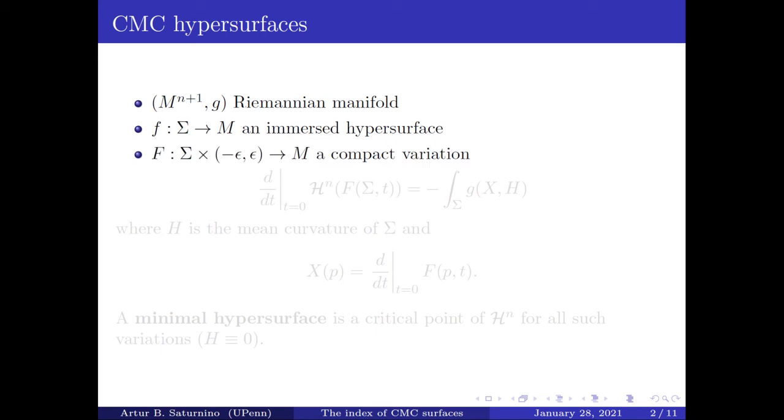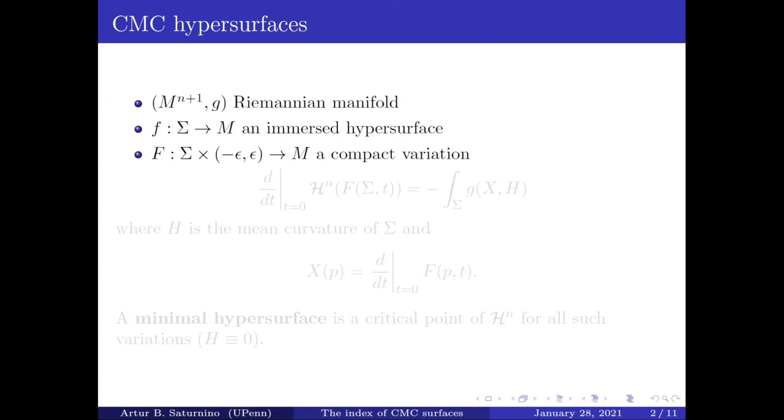Now let big F be a compact variation of sigma, that is a one parameter family of immersions varying between minus epsilon and epsilon, where you can think about this parameter as time, and big F at time 0 is just little f, and we assume that this family of immersions is constant outside an interior compact set.